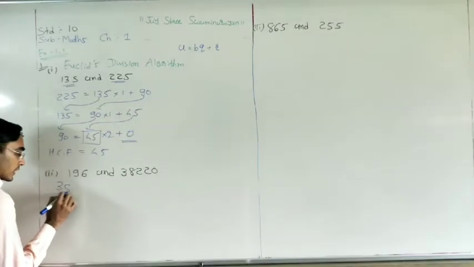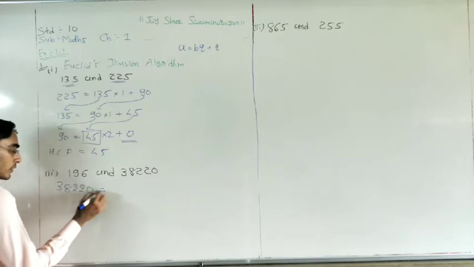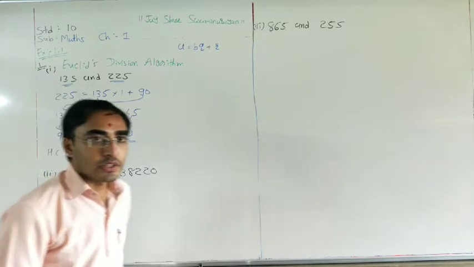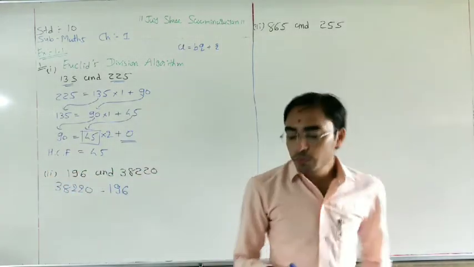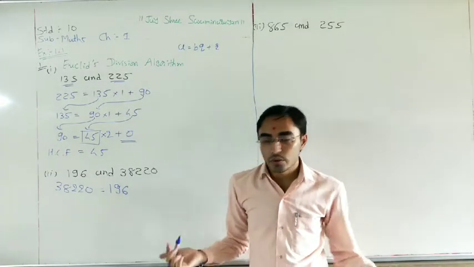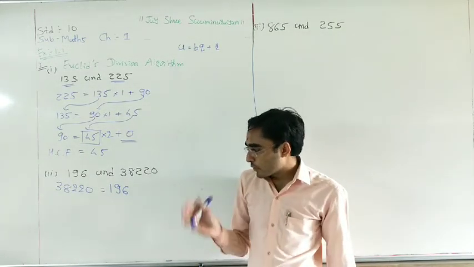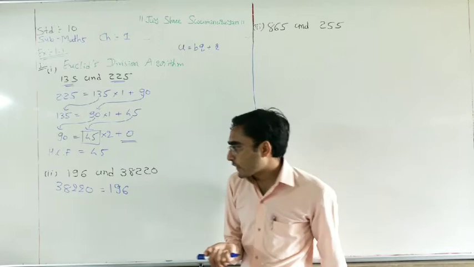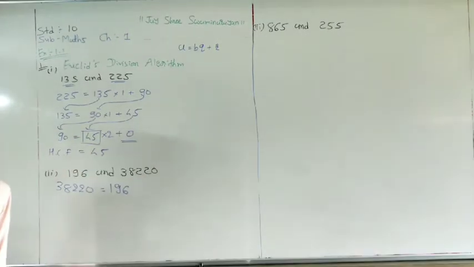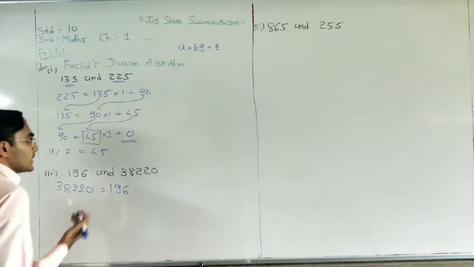So right here 38220, and here your small number 196. Now what we need to do? We just need to divide this number by 196. So 38220 divided by 196. Now we don't know the table of 196, so it's quite difficult for us, right?